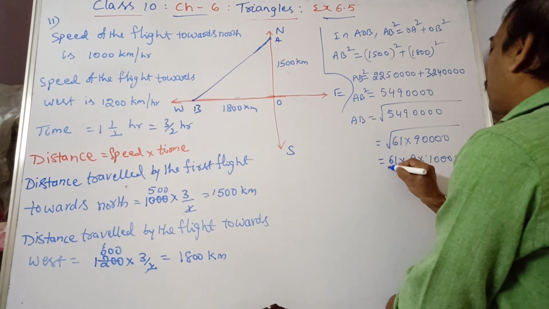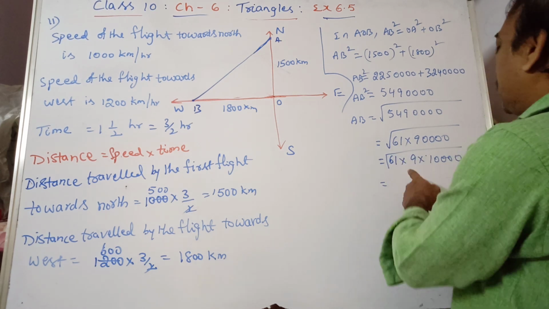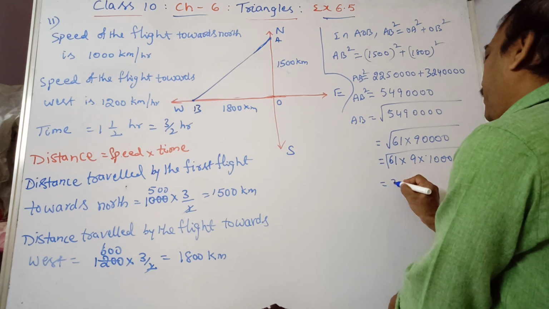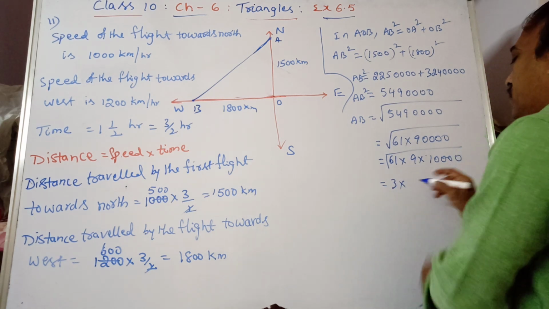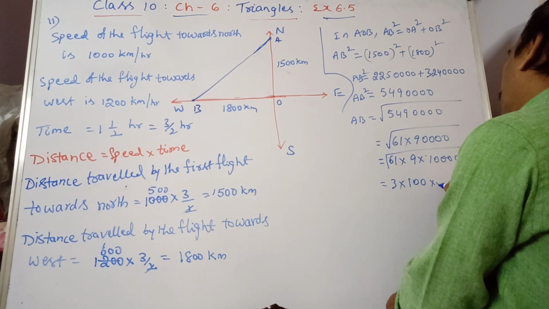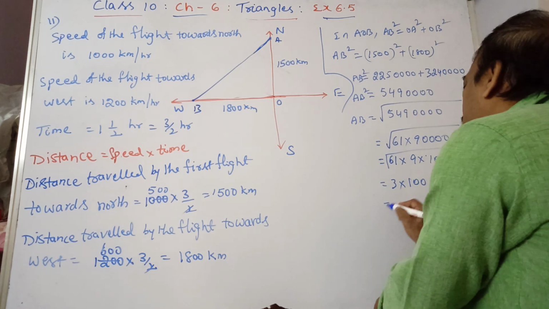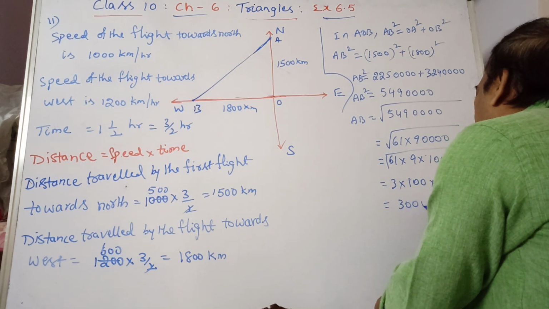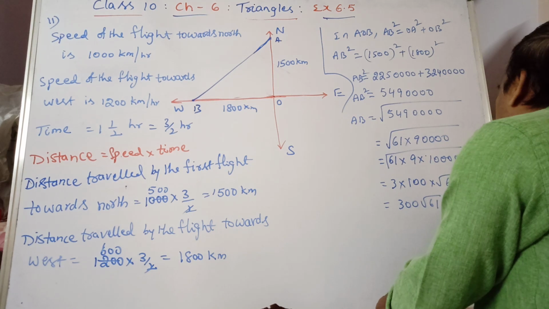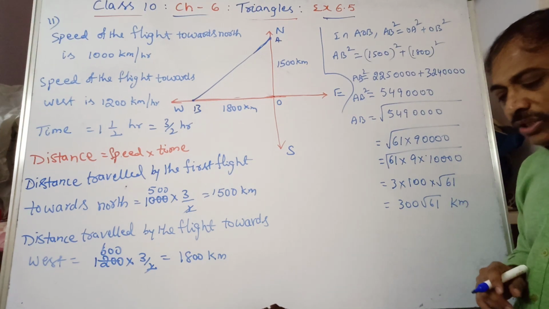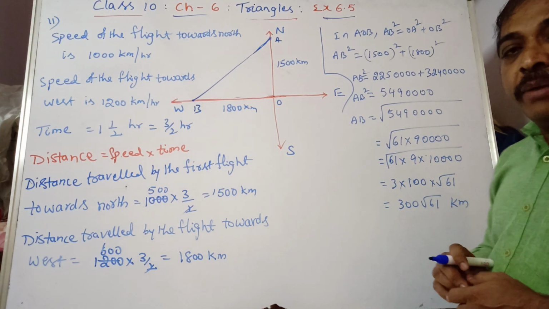So the square root of 9 is 3, the square root of 10,000 is 100, into root 61, which is equal to 300 root 61 kilometers. So both the flights will be apart from each other by this distance.